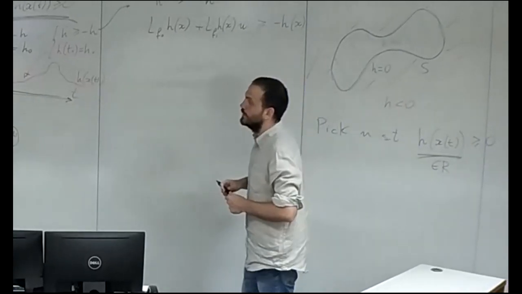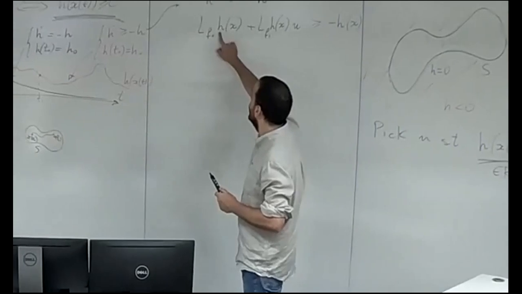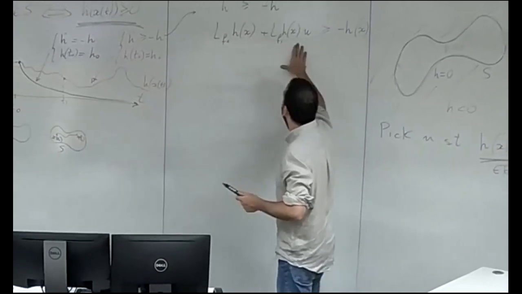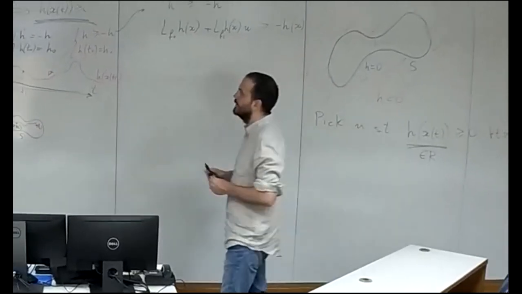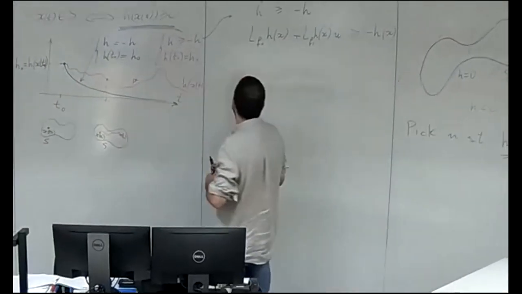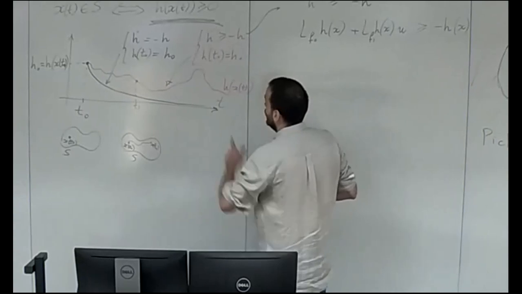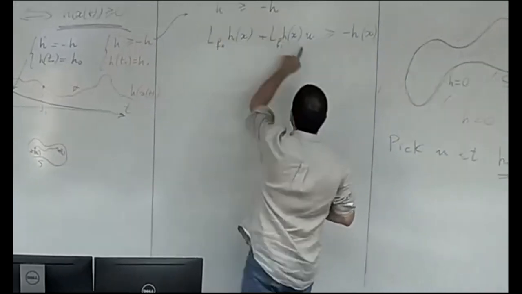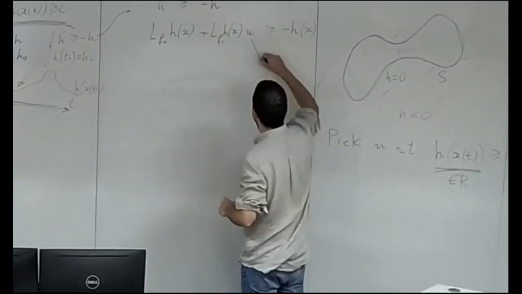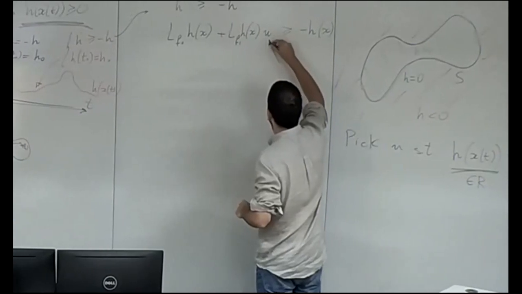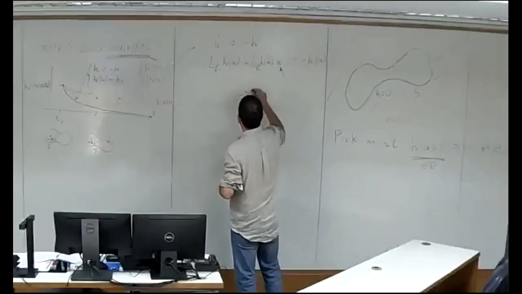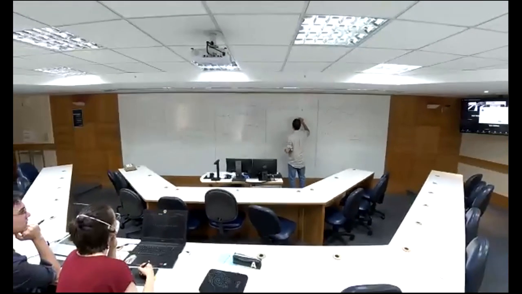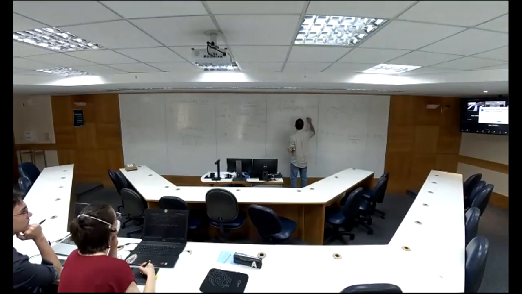Of course, there is always a dependence on time, so this is h of x of t, u of t, and so on. I hope it's clear. So now we went from a constraint on h to a constraint on u.